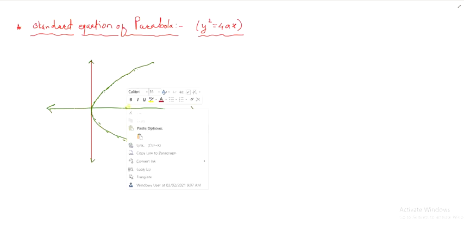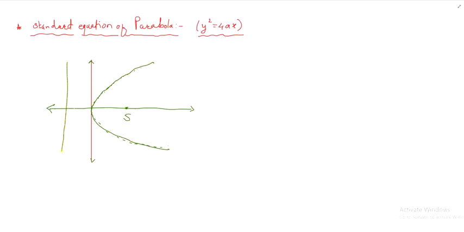There is a fixed point S, and let us have a fixed line D on the negative x-axis side of the origin O. This line is perpendicular, and take any point P on the conic or parabola.